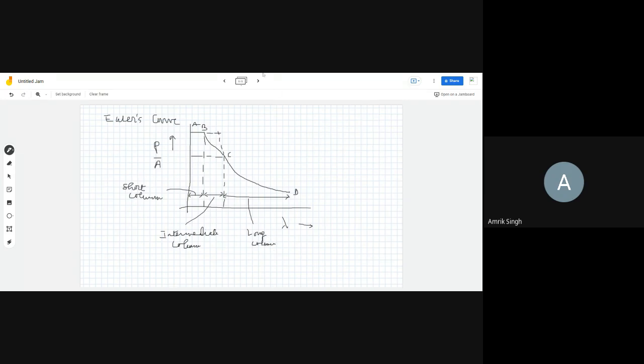So this is sigma u, that is the ultimate stress. This is sigma PL, that is the proportional limit.